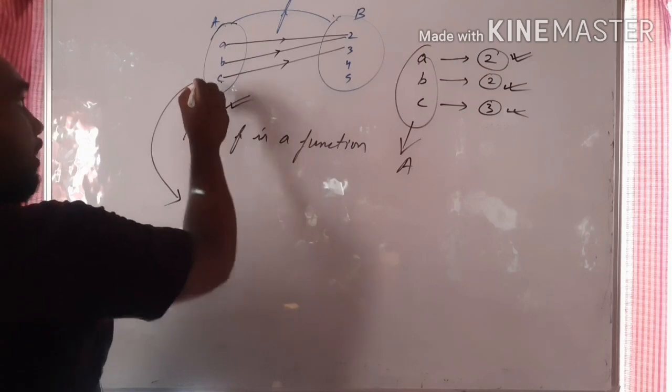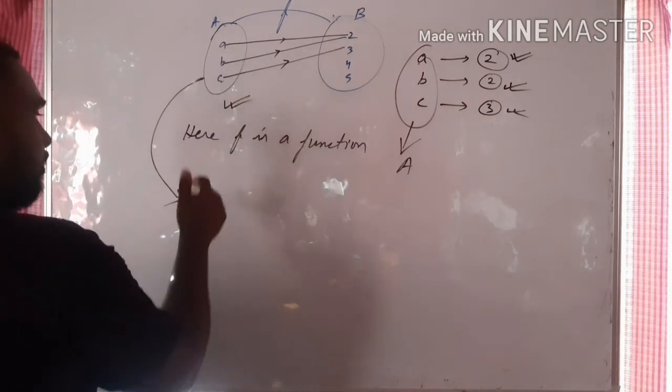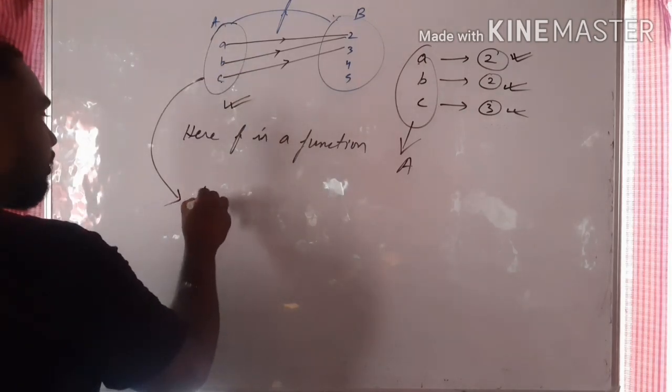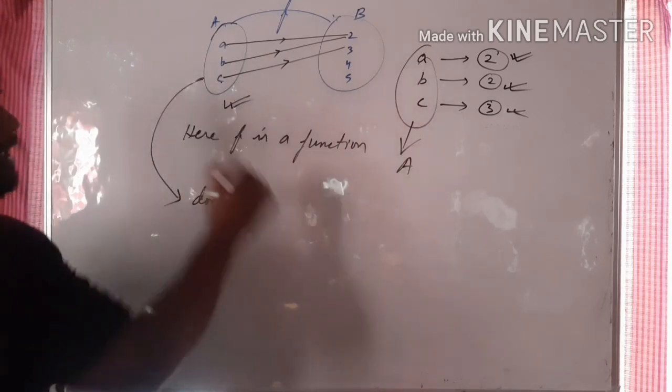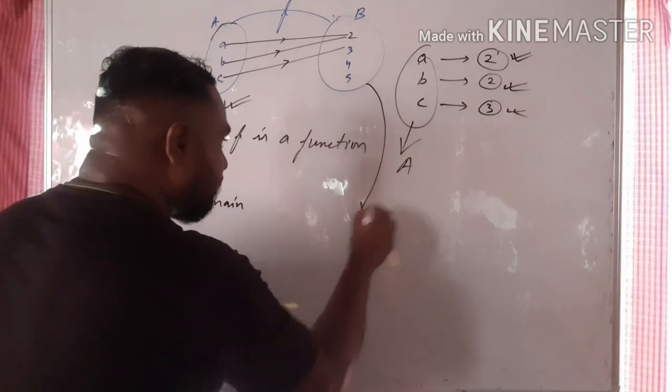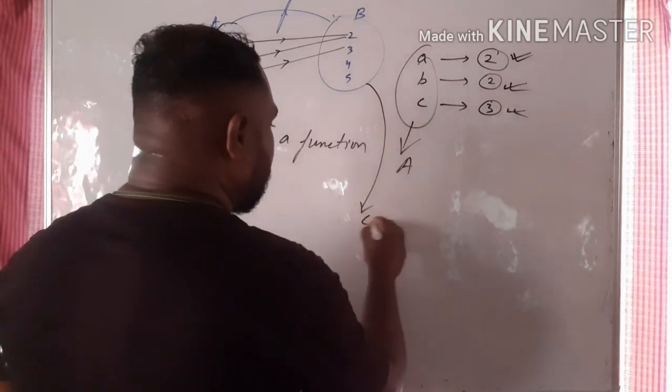This first set is called the domain of f. Here this is the domain. The second set is the codomain.